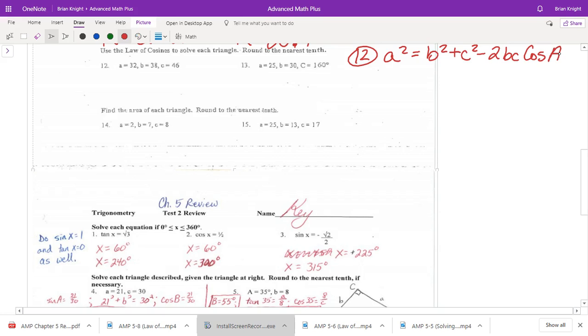Because we write down sine an awful lot when we're doing law of sines. So, what is A? So 32 squared equals B is 38 squared plus C is 46 squared minus 2 times 38 times 46 times the cosine of A.